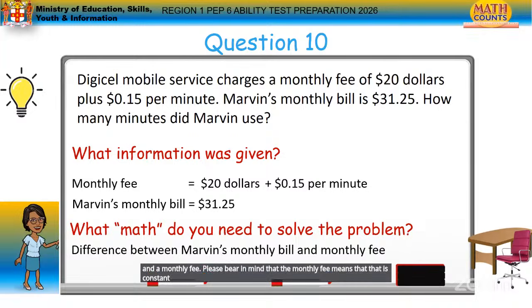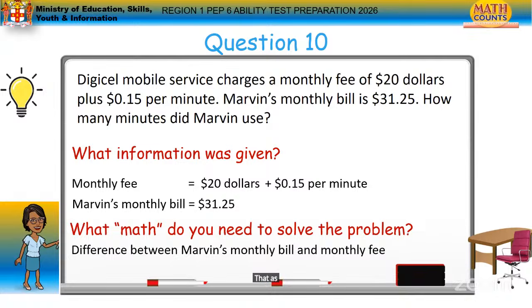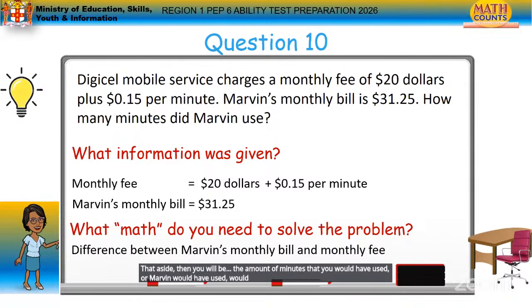You pay that continuously. Every month, there is a monthly charge of $20. So that aside, the amount of minutes that Marvin would have used would now be multiplied by 15 cents and then added to that $20.